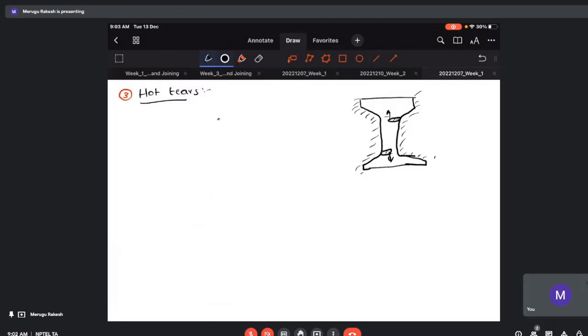This is supposed to happen in solid blocks as well. In bulk you cannot exactly see this phenomenon, but at the micro level you can easily see it. Even a small amount of force is enough to initiate the crack during the liquid stage. This is all about hot tears.